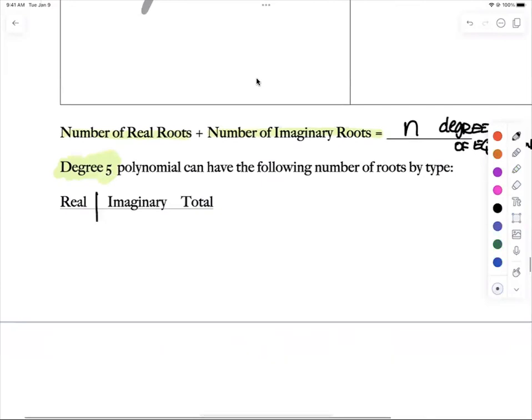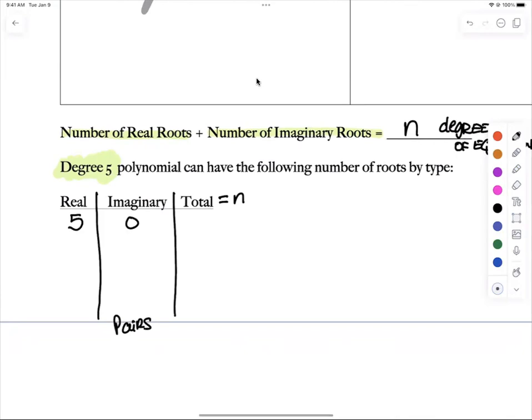So I'm going to draw little columns right here. My total column should always equal n, standing for the degree of the equation. Remember, imaginaries occur in pairs. So I could have 5 real number roots, no imaginary roots, giving me a total of 5 roots.